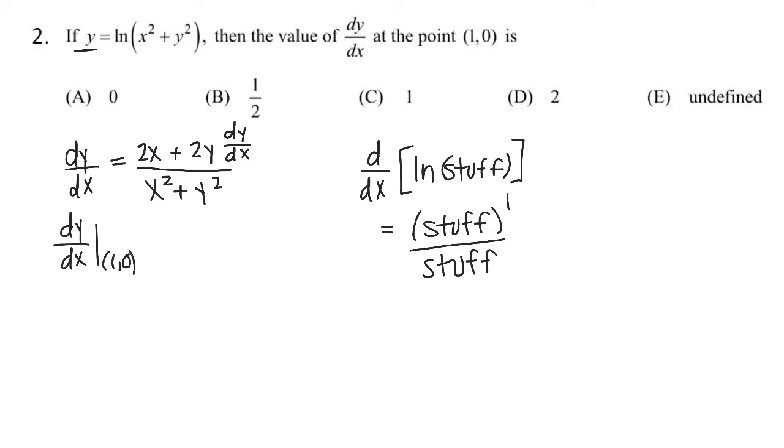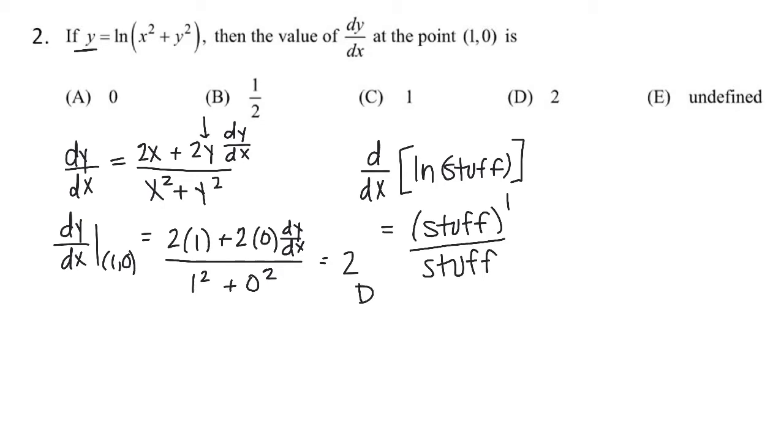At that point, we have 2 times 1 plus 2 times 0 dy dx, which is great. That's just going to wipe all of this out, turns that one part to 0. Then we have 1 squared plus 0 squared. So hopefully when we finish working this out, we see that we end up with 2. So we have answer choice D.